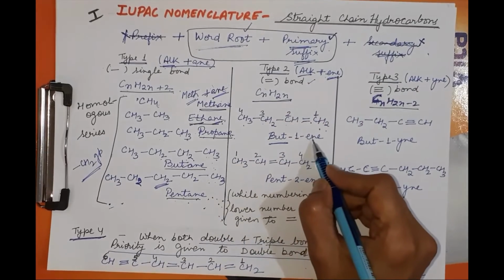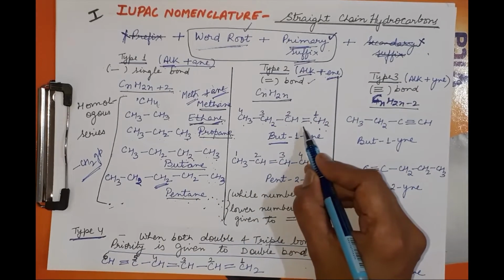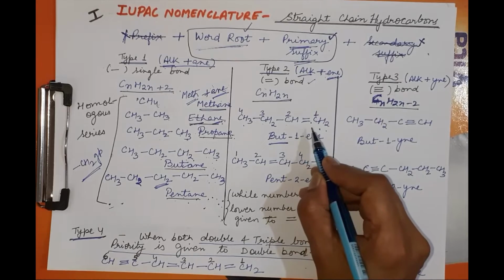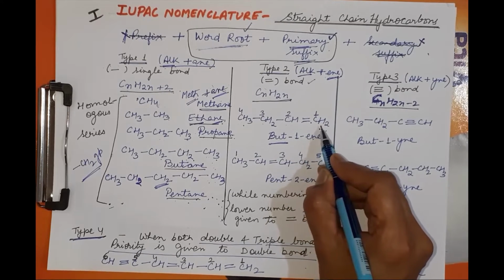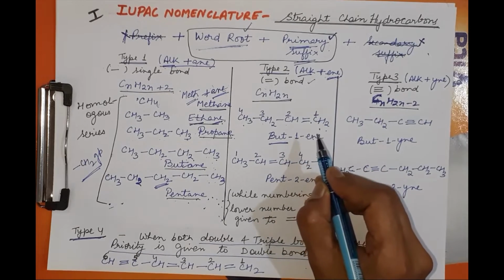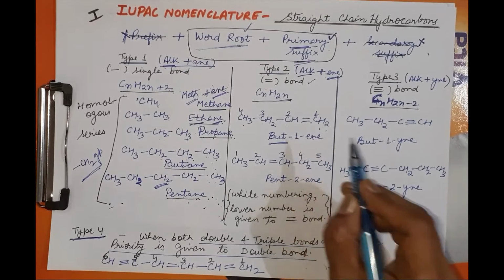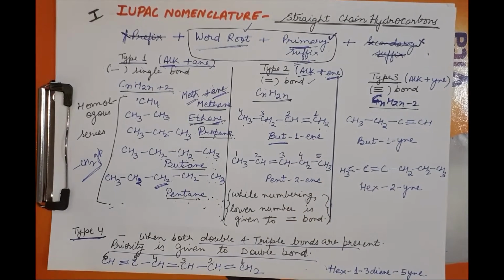But before ene, we have to specify the position of the double bond. For the position of the double bond, it is very important to see how the numbering is done.